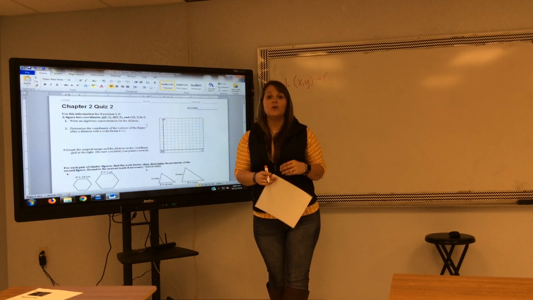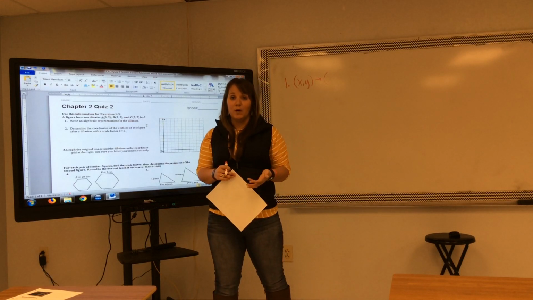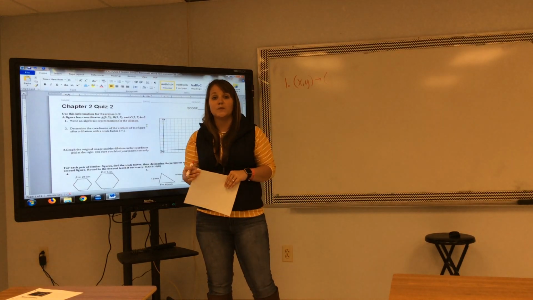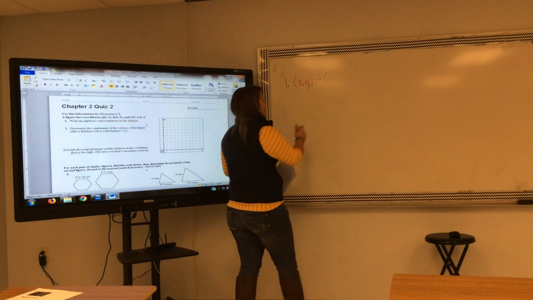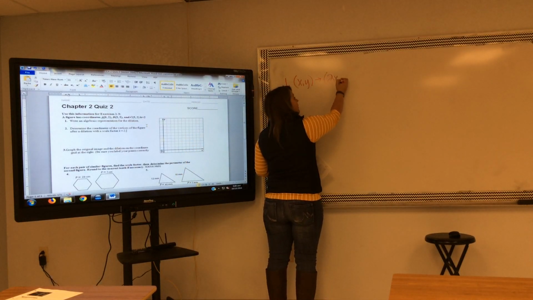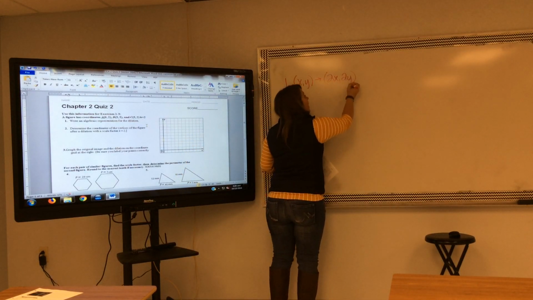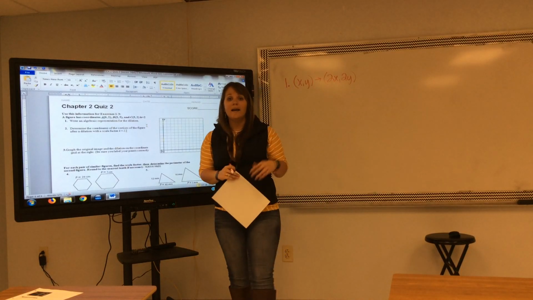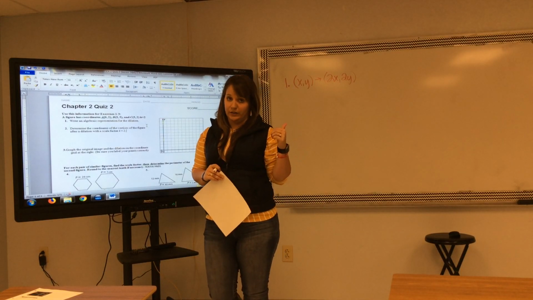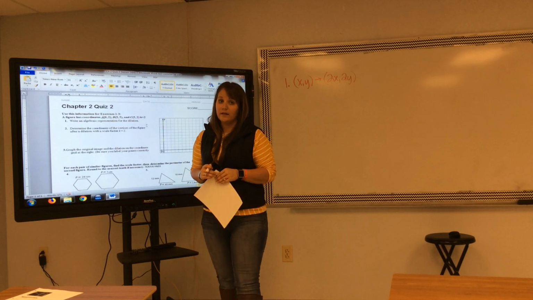Scale factor means to multiply. Factor means multiply. So we're going to multiply each of those parts by 2. So that means I'm going to say 2x for 2 times x, and then 2y for 2 times y. And that is your final answer for number 1.